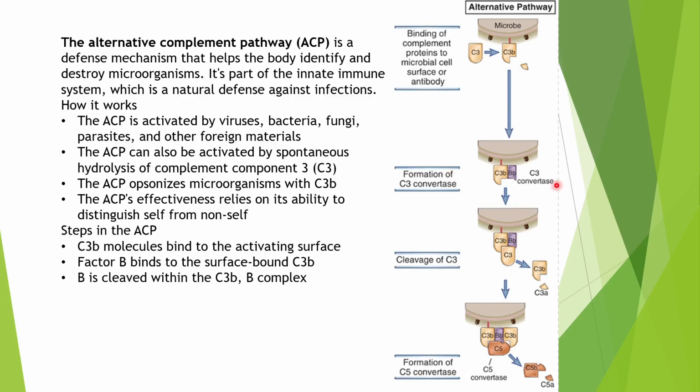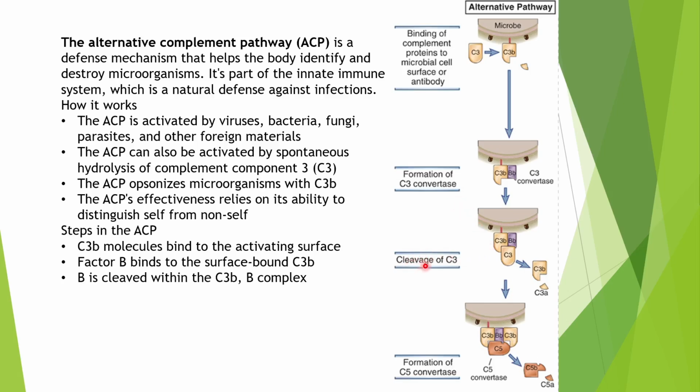So C3b is the major component of your alternative pathway. First is the binding of the complement proteins to the microbial cell or to any antibody, and then formation of C3 convertase enzyme.